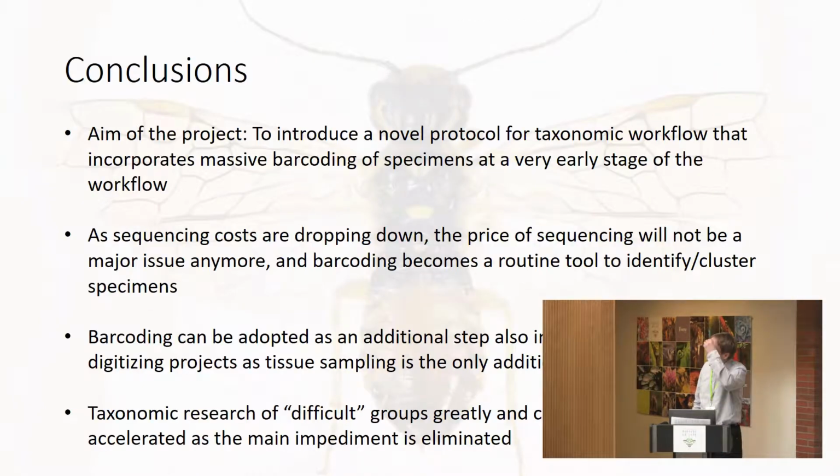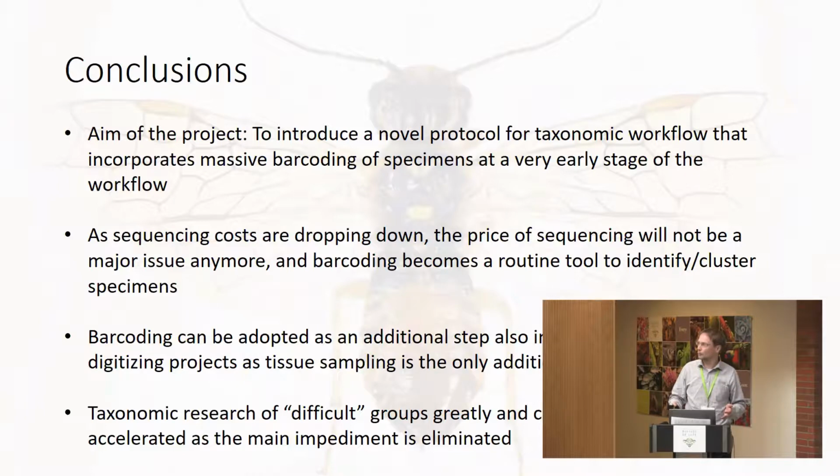Okay, to conclude, I am hoping to present this protocol at least to my Finnish colleagues. Hopefully I'm also hoping to write an article to demonstrate how you can work with thousands of specimens of this kind of difficult groups at just the barcoding step.